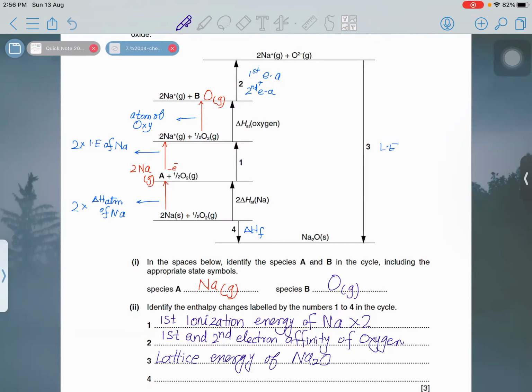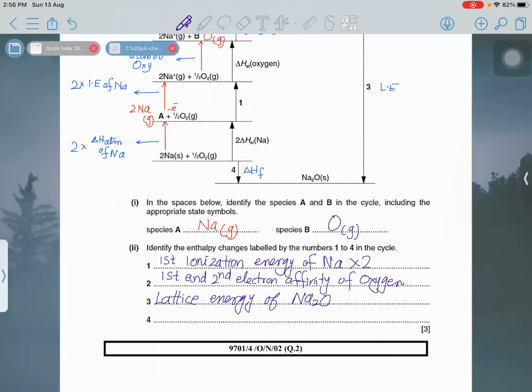And what is 4? It's the enthalpy of formation of Na2O.